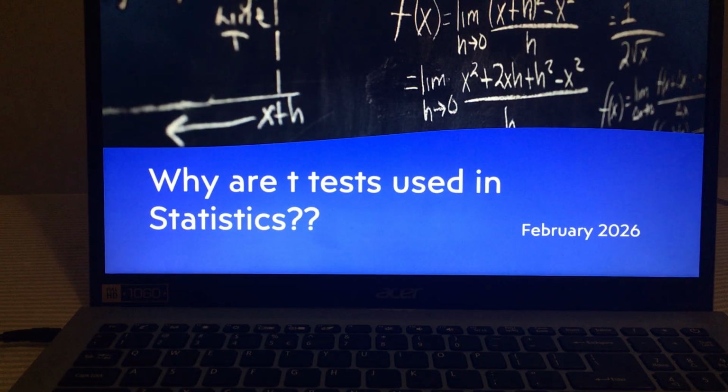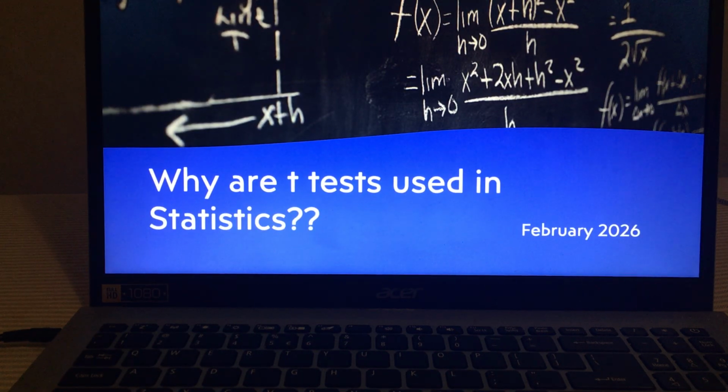The answer is that it subtly changes the sampling distribution. So again, I'll restate that. The key thing that this student figured out is how we should accommodate the fact that we aren't sure what the standard deviation in our population is.